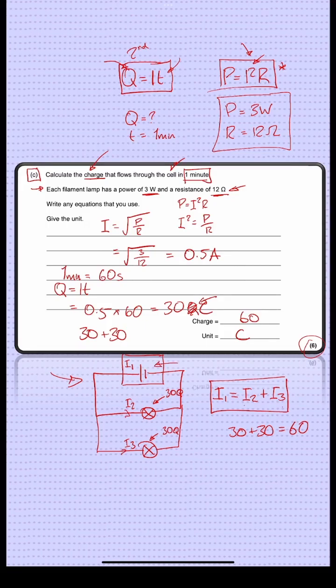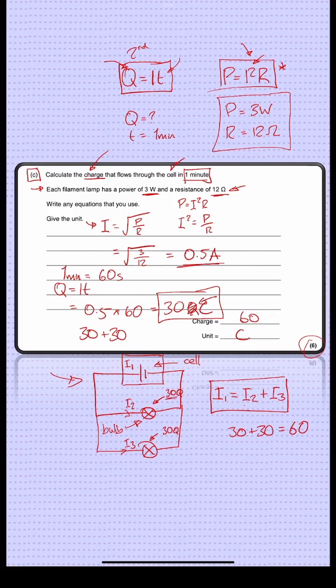I1 is the current through the cell. I2 and I3 is the current through the bulb. So we've got the information of the bulb. What we did is we found out the current in the bulb doing P equals I squared R, and we got 0.5 amps. Then we used Q equals IT, which gave us 30 coulombs of charge in each bulb, I2 and I3.